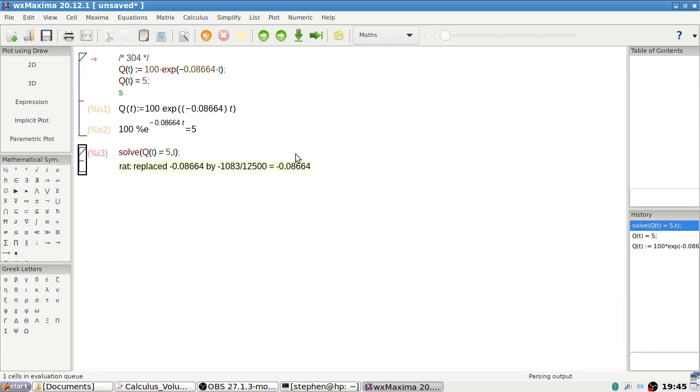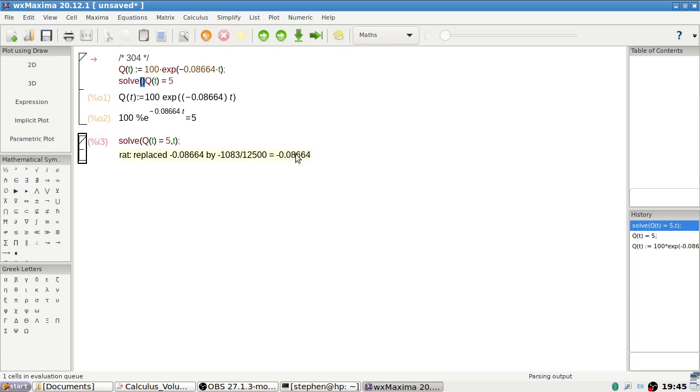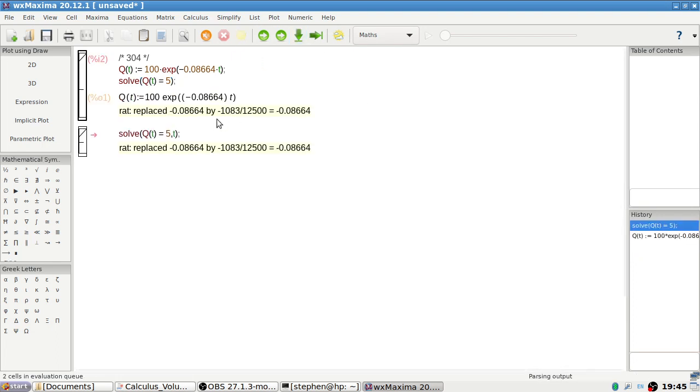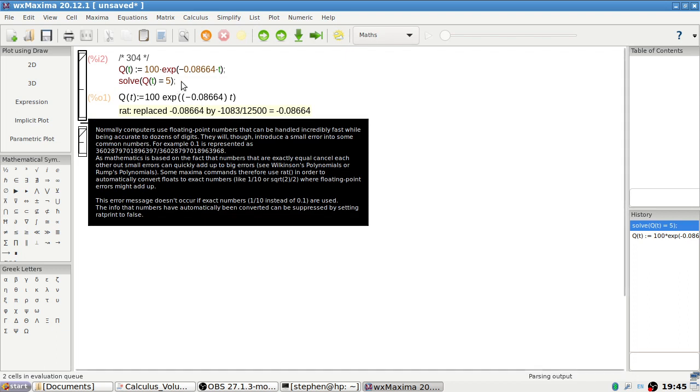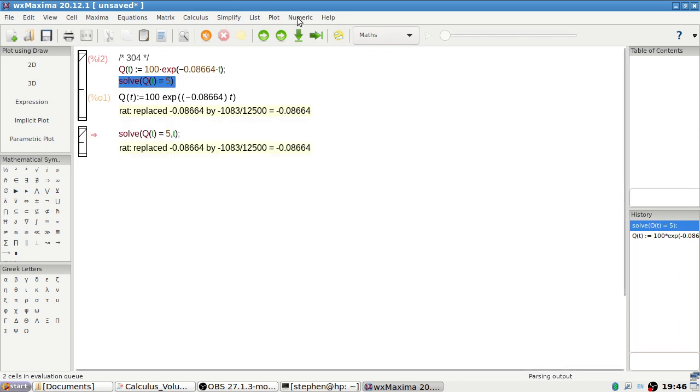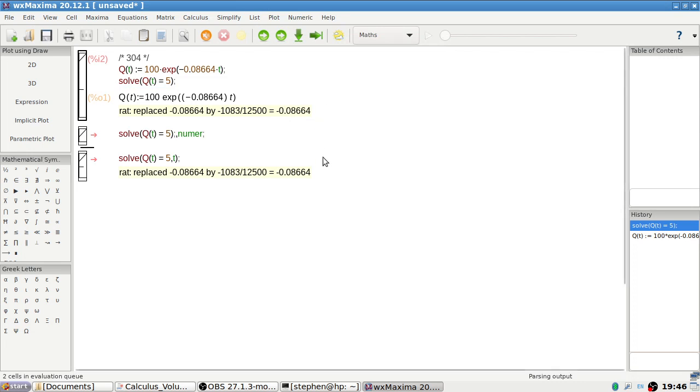What's going on here? So weird. Let's try again. Percent E power.